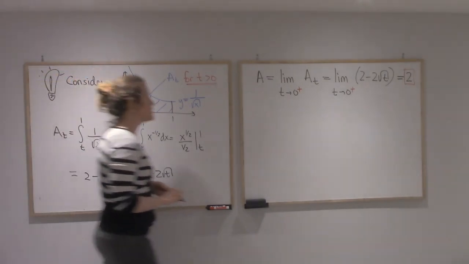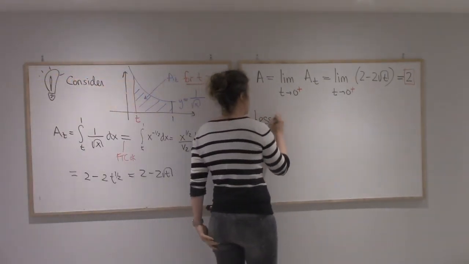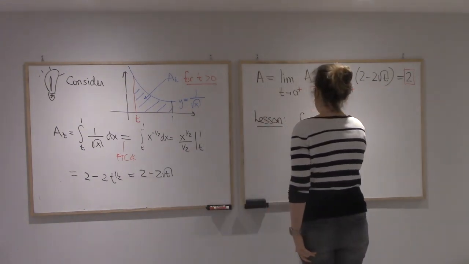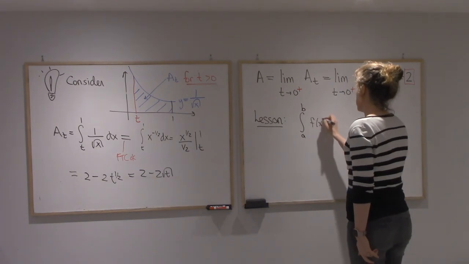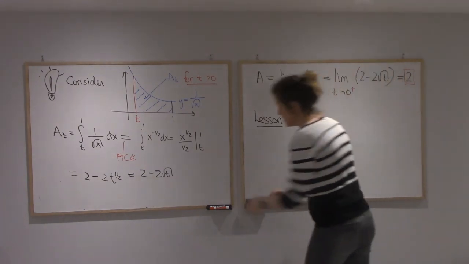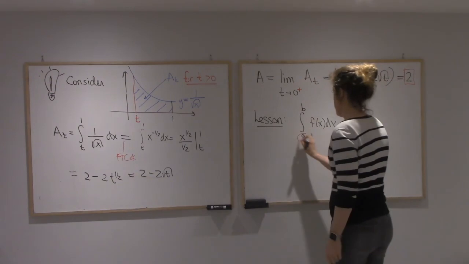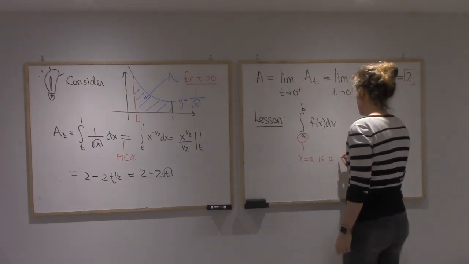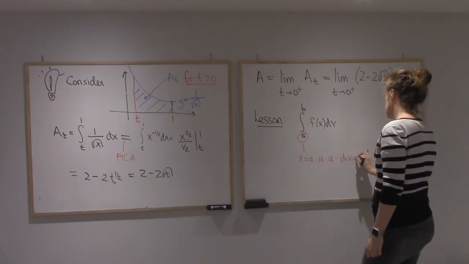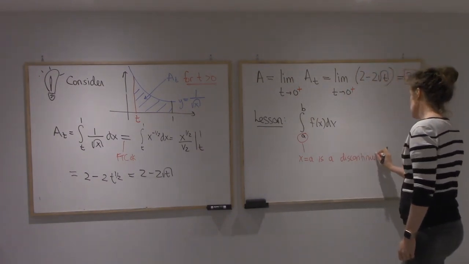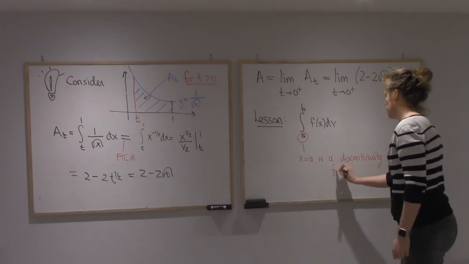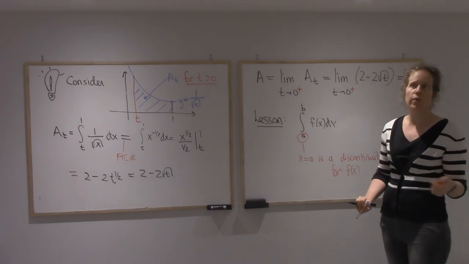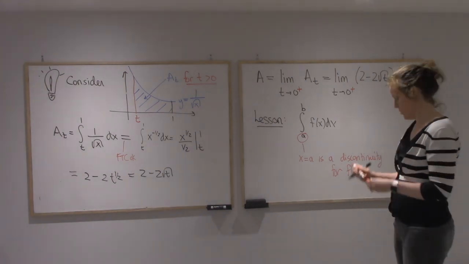Alright, so the lesson from this example is that if I have an integral from a to b of f of x dx, and let's say that this a is a discontinuity for f of x. So that might mean that your denominator is 0, or that the interior of the log is 0.